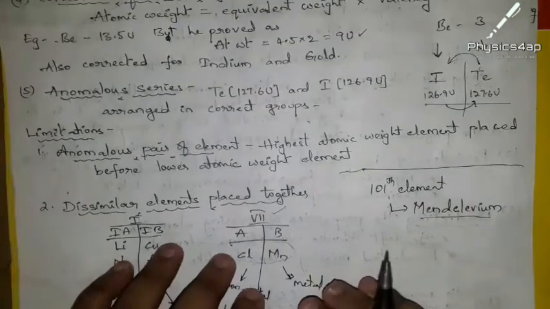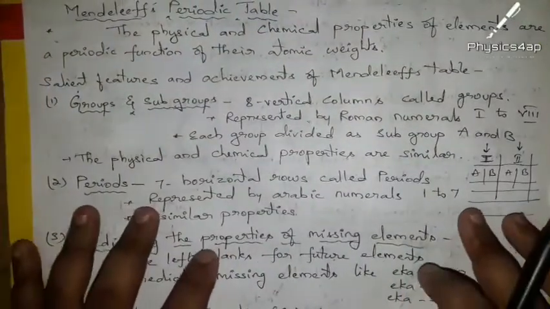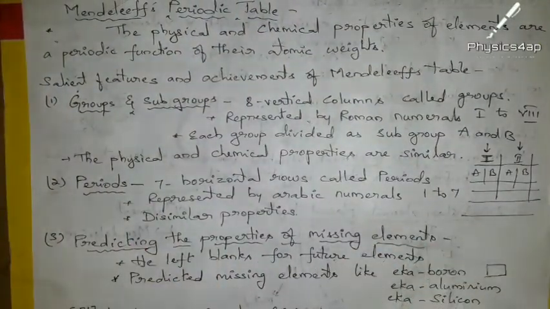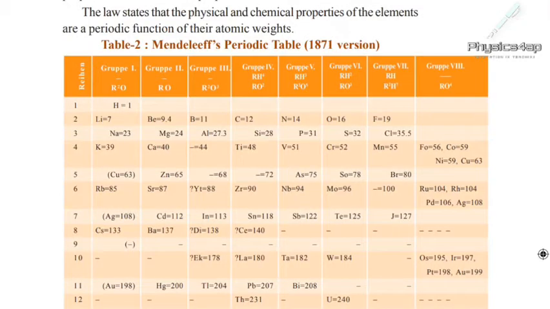Now we will be seeing Mendeleev's periodic table. So this is the Mendeleev periodic table. As we see, blanks are left over here for future elements, and this is almost the most successful periodic table.